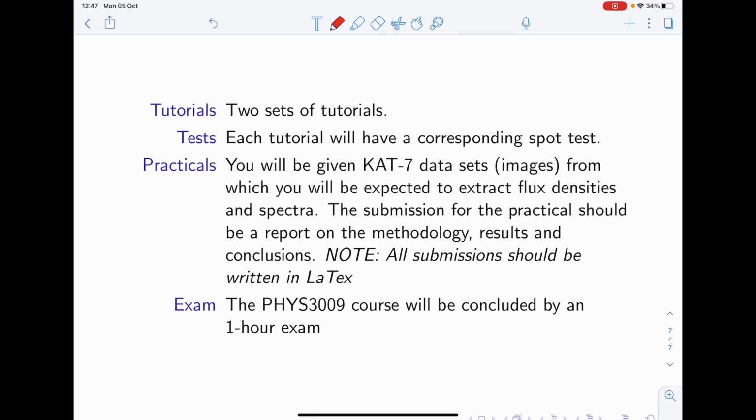And I will only accept submissions in LaTeX. If you don't know what LaTeX is, it's time you start now to learn what it is and learn how to be proficient in it. Okay, and then finally there will be an exam at the end of the course. And so this is me for this lecture, and you'll hear from me again in the next one.